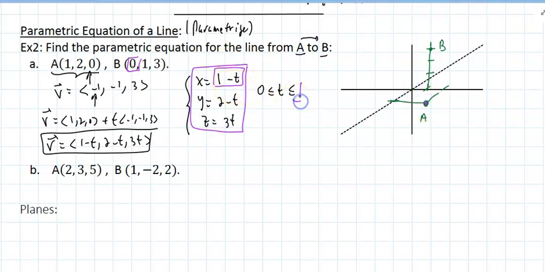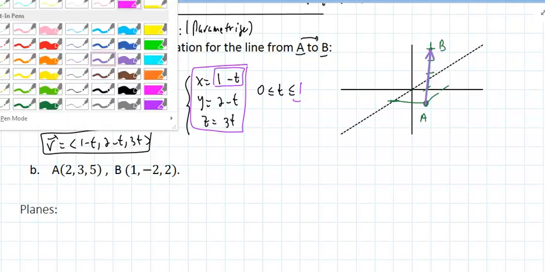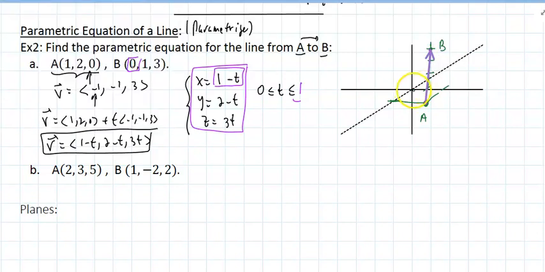If I put t equal 1, it will get me there. What that does, that allows me to write this with a direction from the first point to the second point.